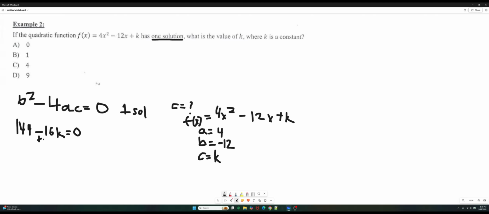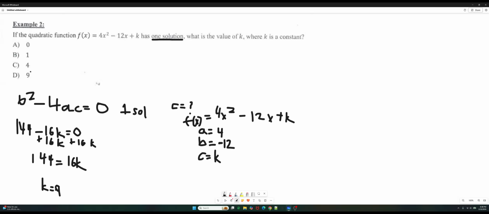Now if we add 16k to both sides, we're going to get 144 equals 16k. And then 144 divided by 16, that's 9. So k equals 9.